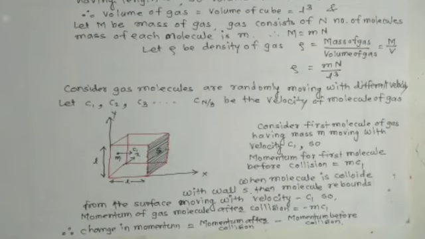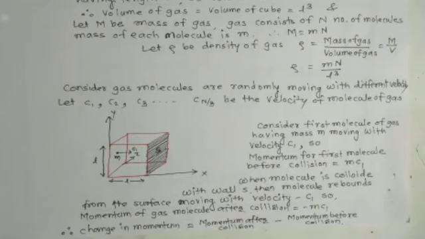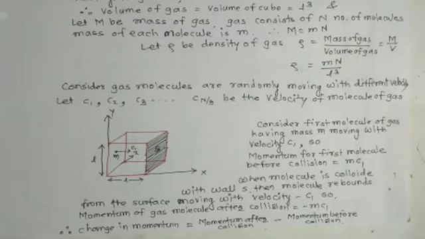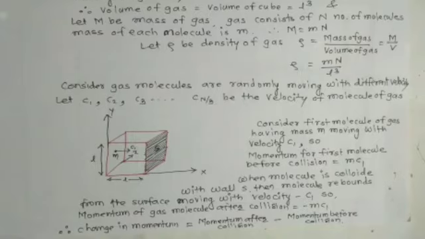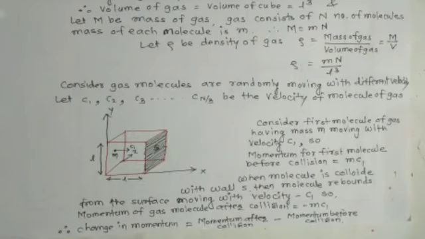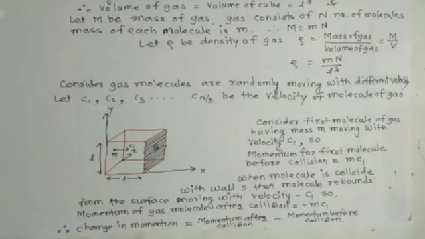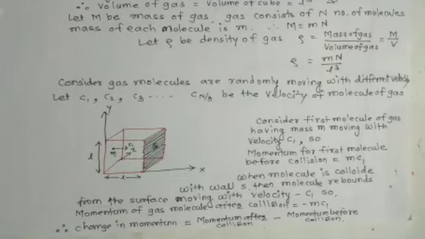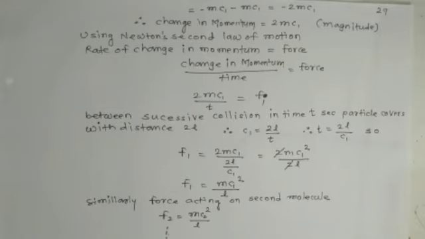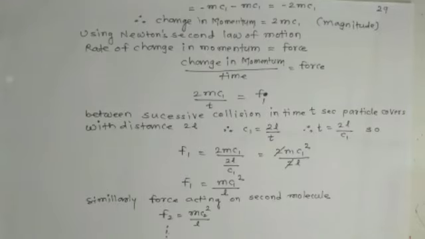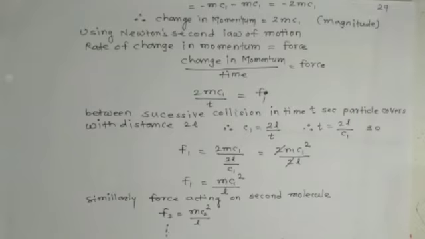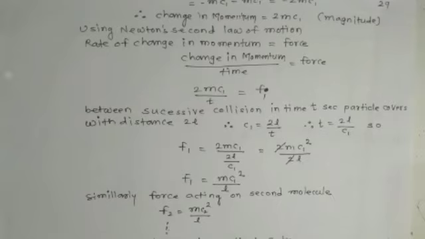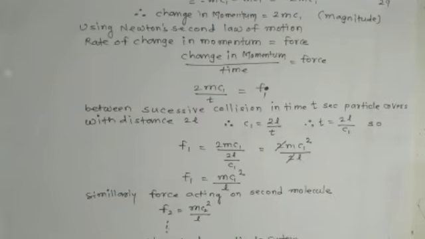So the momentum of the gas molecule after collision is equal to minus mc1. Therefore, the change in momentum is equal to momentum after collision minus momentum before collision, which is minus mc1 minus mc1, equal to minus 2mc1.